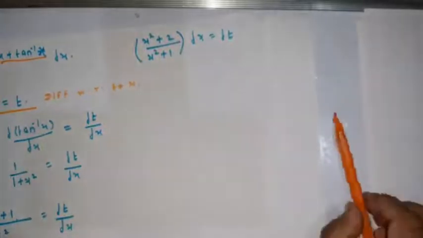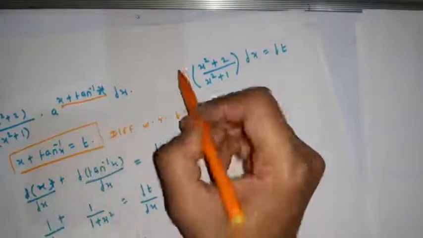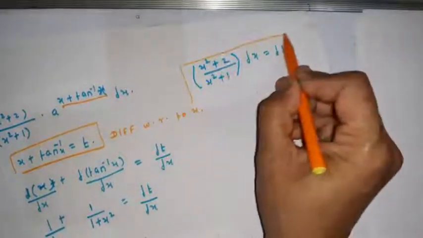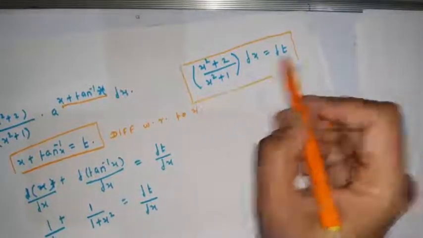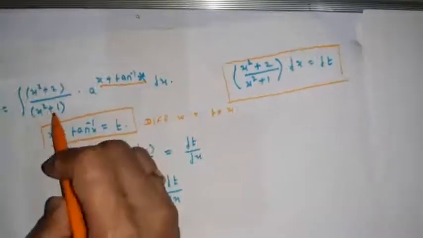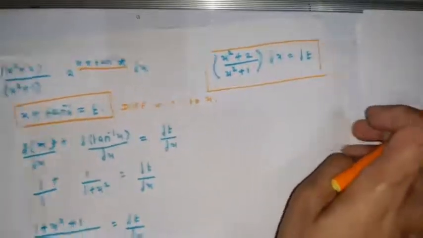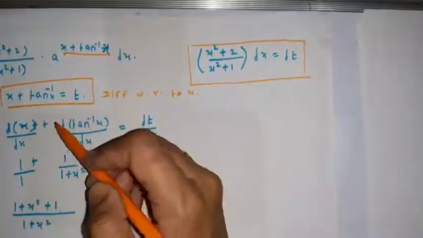Okay students, so we have substituted this. After substitution we get this. Hence the term x square plus 2 upon x square plus 1 is in our integration, and hence this is the successful substitution. We can substitute here.